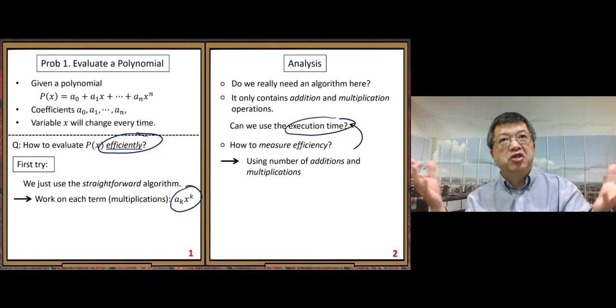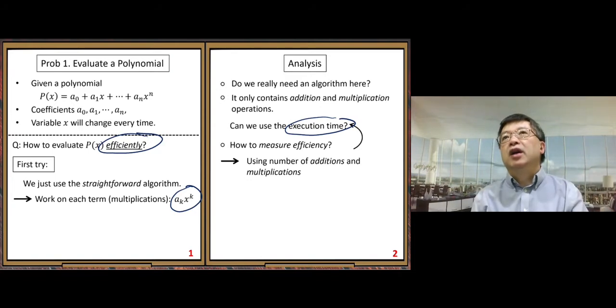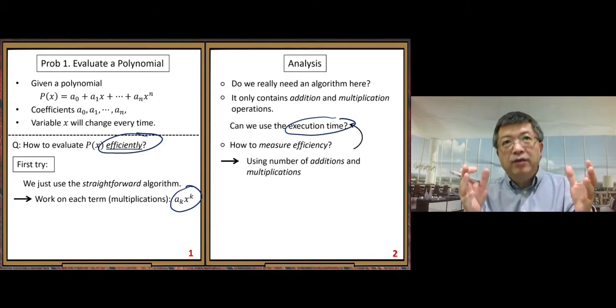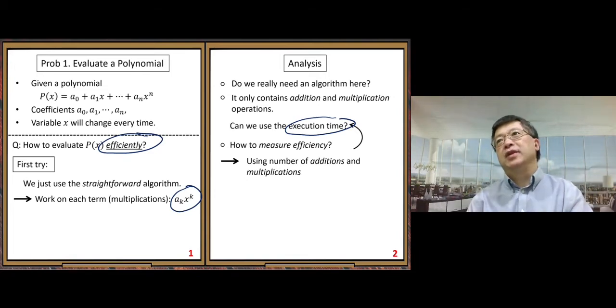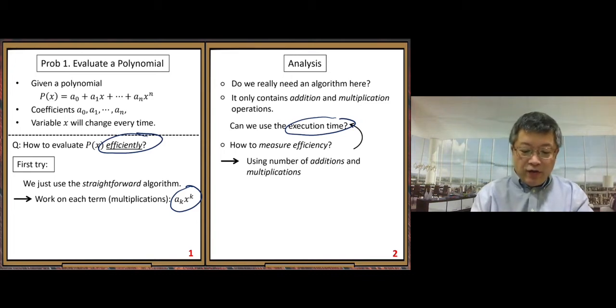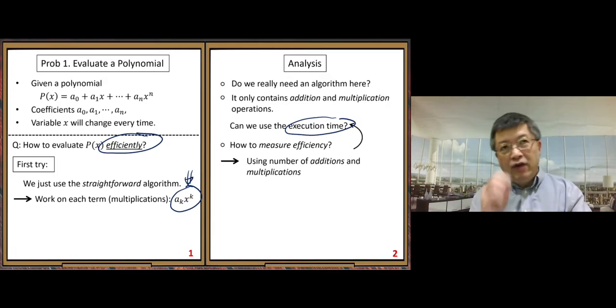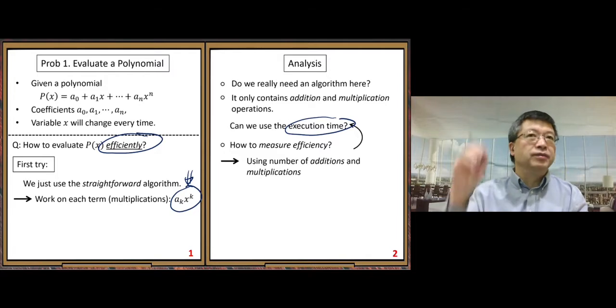That's the basic step. If we can do it, then we can do the evaluation for the whole polynomial. So that's simple. For the number of multiplications for this particular term, although it is pretty easy, I want to delay it until later.